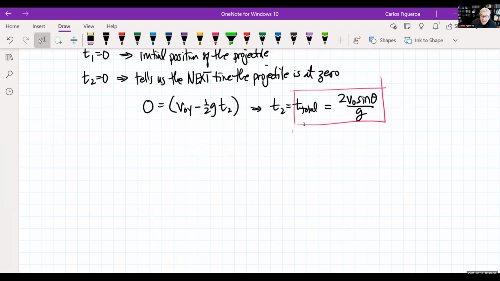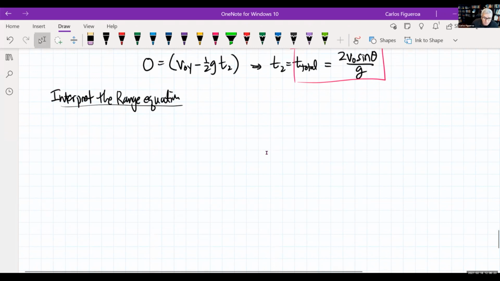So we have the maximum range equation now. So what I want to do here is interpret the range equation.